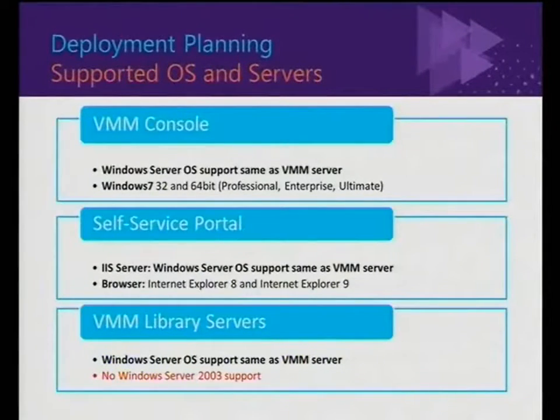And then we have the library service. No 2003 support anymore. Here is my suggestion for those thinking about an HA deployment. I keep telling everyone, when you go to deploy, virtualization is not about just next, finish, or just installing Hyper-V and then installing System Center.